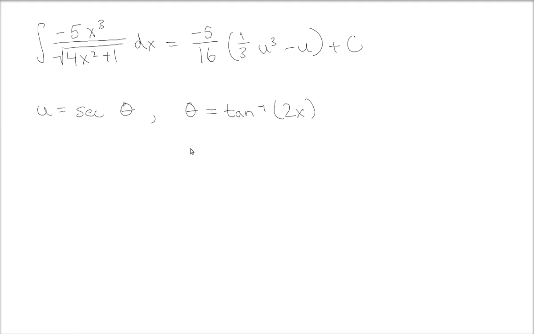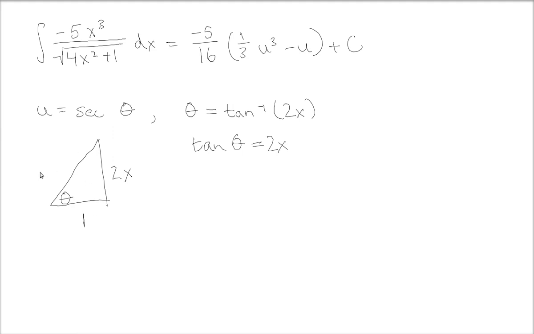So then that means the tangent of theta is equal to 2x. So if we draw a triangle here to represent theta, then the tangent of theta is 2x, and tangent is opposite over adjacent. So the opposite side will be 2x, and then the adjacent side will just be 1.